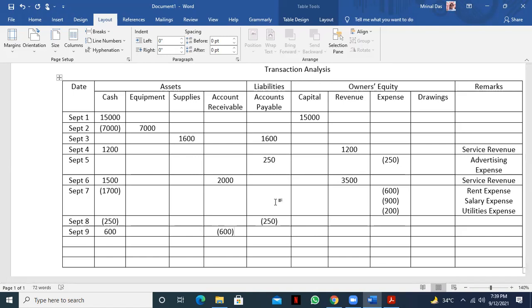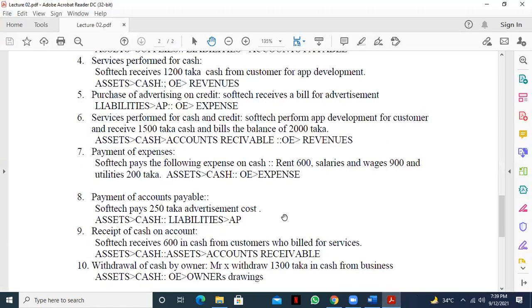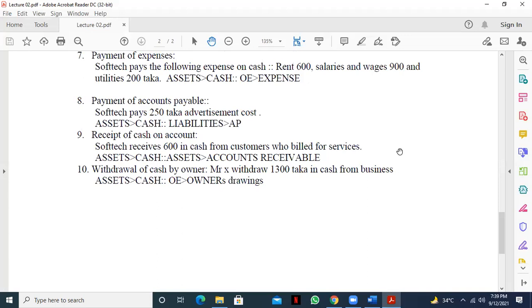Yes, sir. Okay, so the last transaction is withdrawal of cash by owner. Mr. X withdrew 1300 taka in cash from the business. Withdrawal means we'll write it in the drawings column, and it is deducted from cash because, as the owner, we take the money from the business.